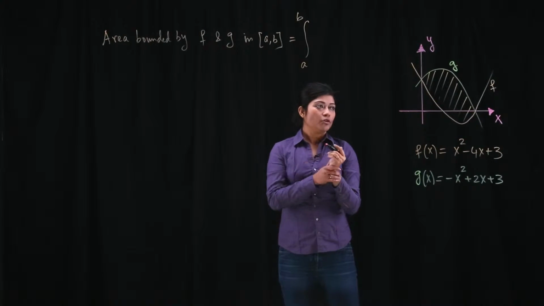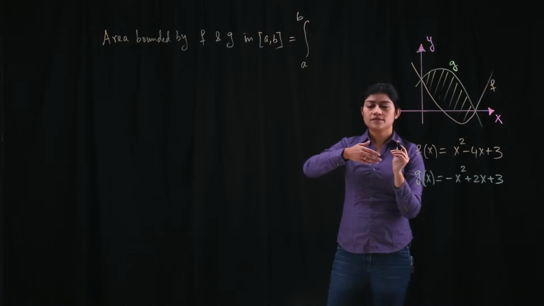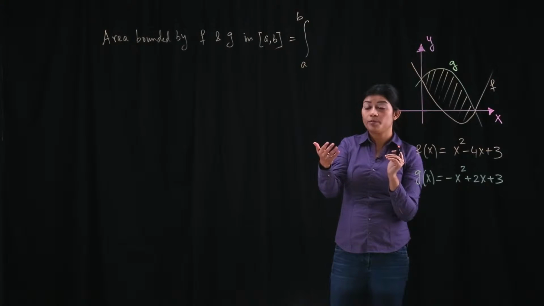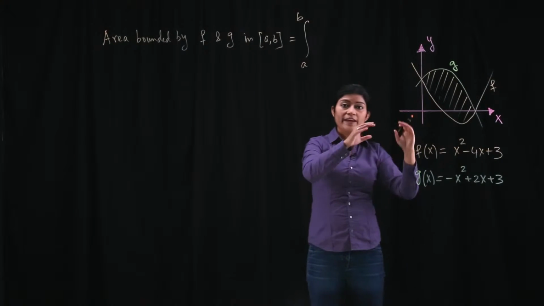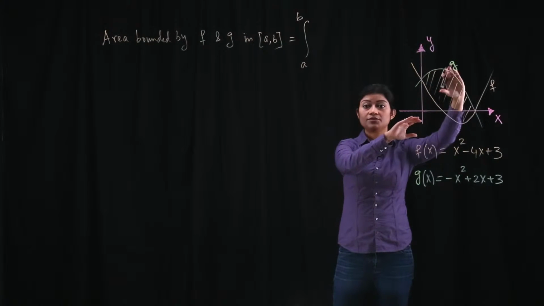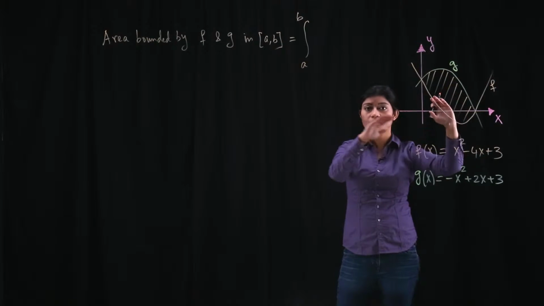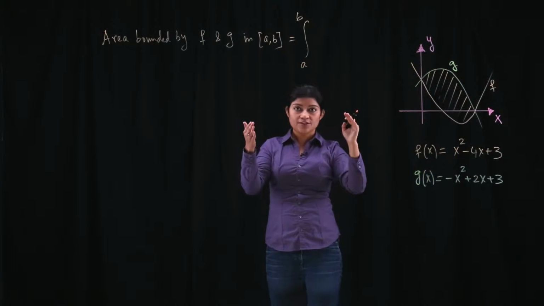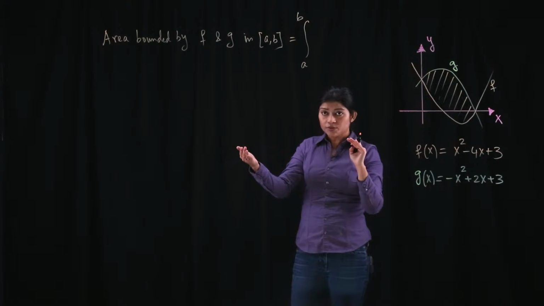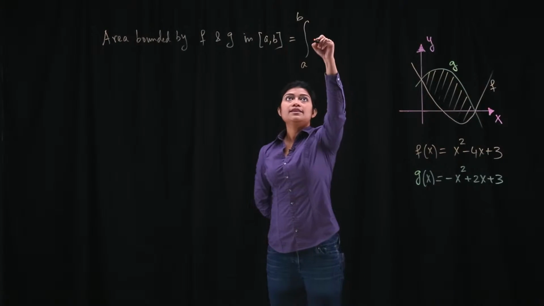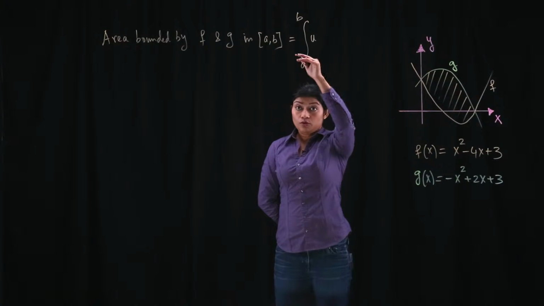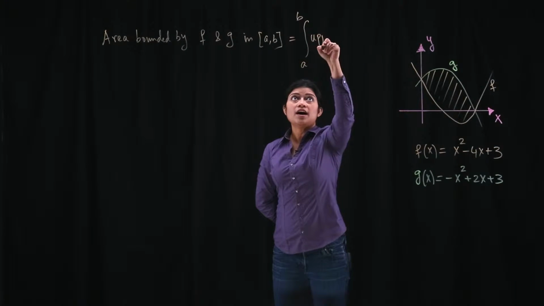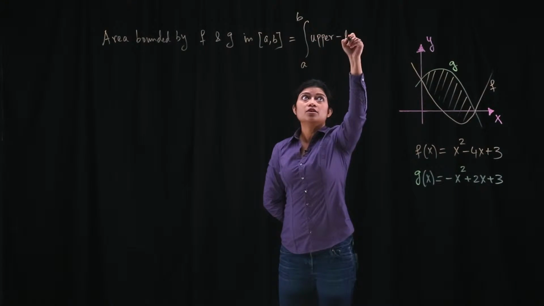Now, you have to be careful because area is usually a positive quantity. Depending on how you write down the difference between the two functions, you can get a positive answer or a negative answer. The best way to ensure that you will have a positive answer in the end is if your setup includes the upper curve minus the lower curve.